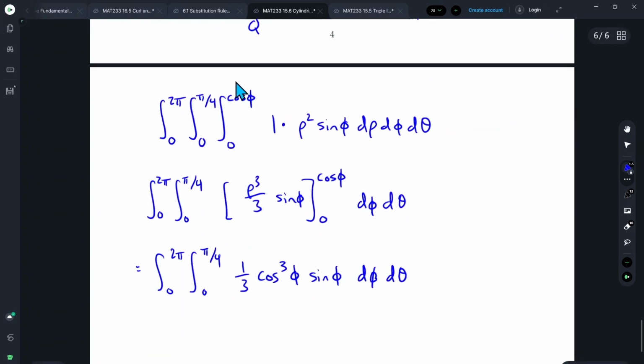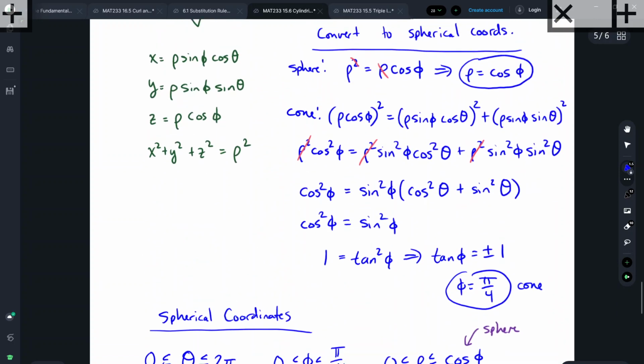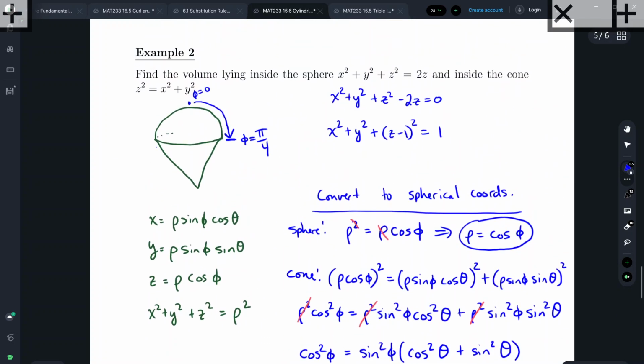Oh, whoops, I've made a mistake here. Looking back at my notes, this equation was x squared plus y squared plus z squared is equal to 2z, right? So when I substitute in z here, there should be a 2.